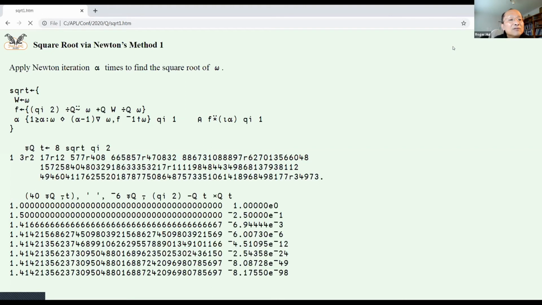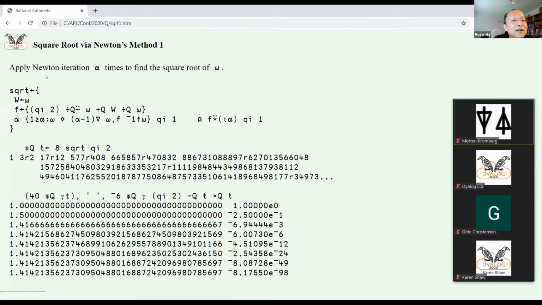So what happens with rational numbers? I convert the function from working with ordinary numbers to rational numbers, so I convert the numbers into rational numbers, and then using rational calculations, plus q and divide q, and here we go.